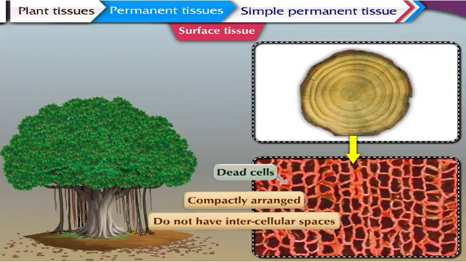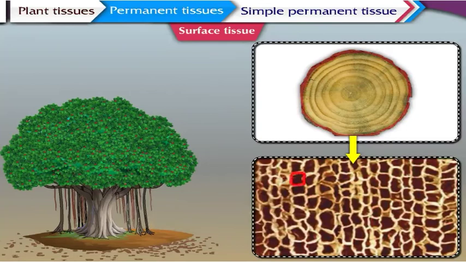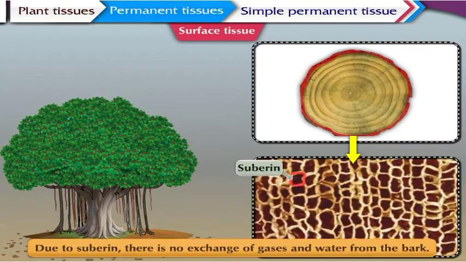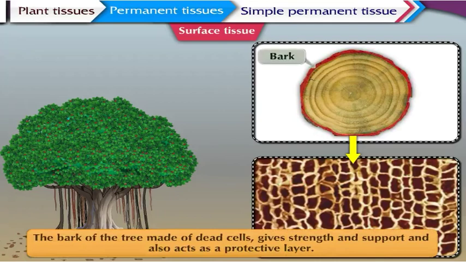Therefore, they do not have intercellular spaces. They also have a chemical called suberin on their walls. Due to this chemical, there is no exchange of gases and water from the bark. The bark of the tree made of dead cells gives strength and support and also acts as a protective layer.